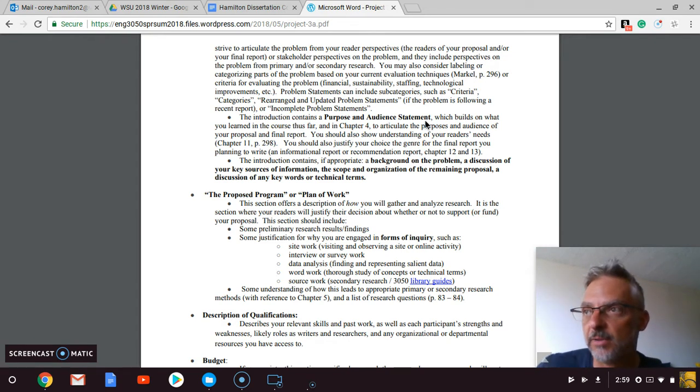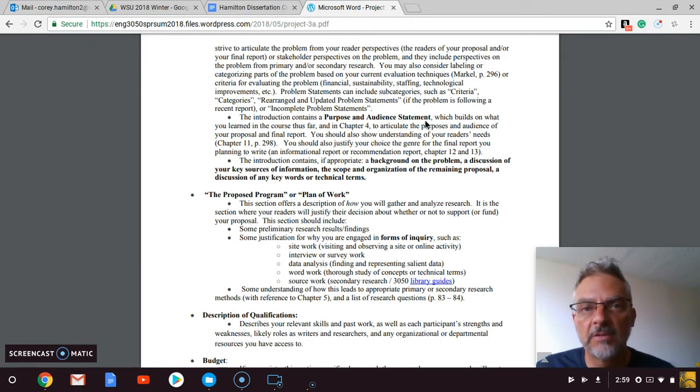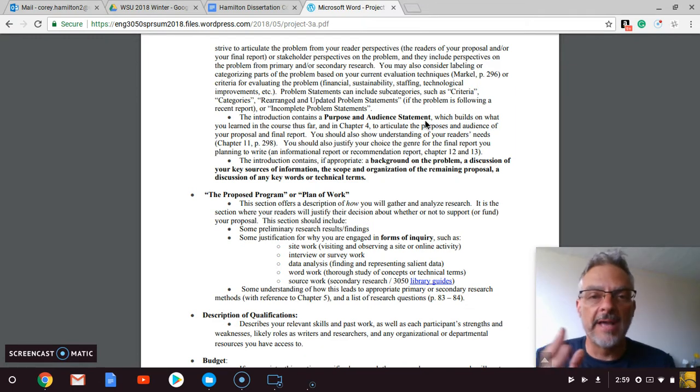So for example, if you were doing food insecurity or something to do with food, then one natural audience would be the food pantry, you guys call it the food pantry here at Wayne State. You would be making a recommendation to the food pantry on what they could possibly do to help, not necessarily solve per se, but improve food insecurity for students.